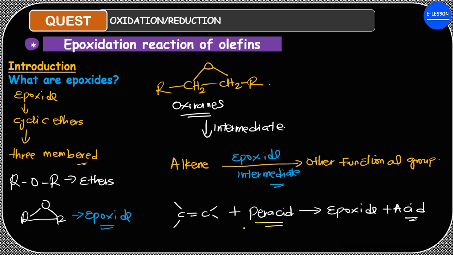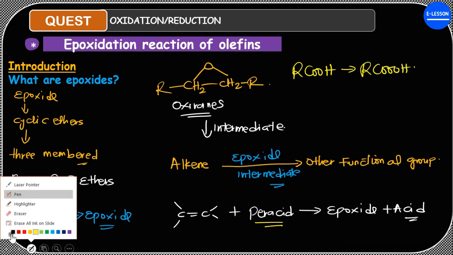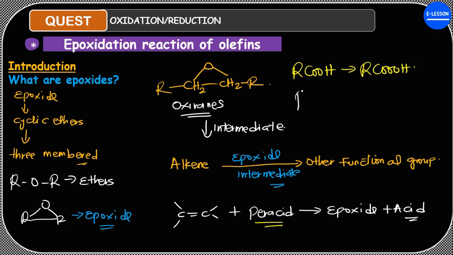So if acetic acid is RCOOH, then peroxyacetic acid will be RCOOOH. Structurally, normally this is R-C double bond O, and then you have OH.